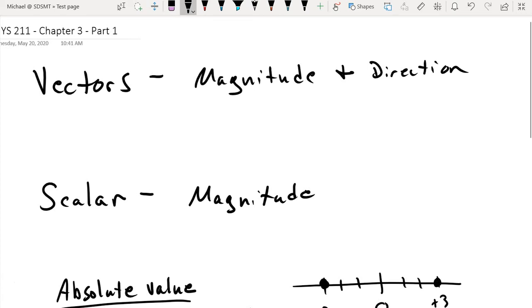So a vector is some measurement that not only has a numerical value, but we also have to assign a direction to it. For a scalar, we have just the magnitude, or magnitude only. So a scalar is something that you're going to measure, but it does not require a direction.